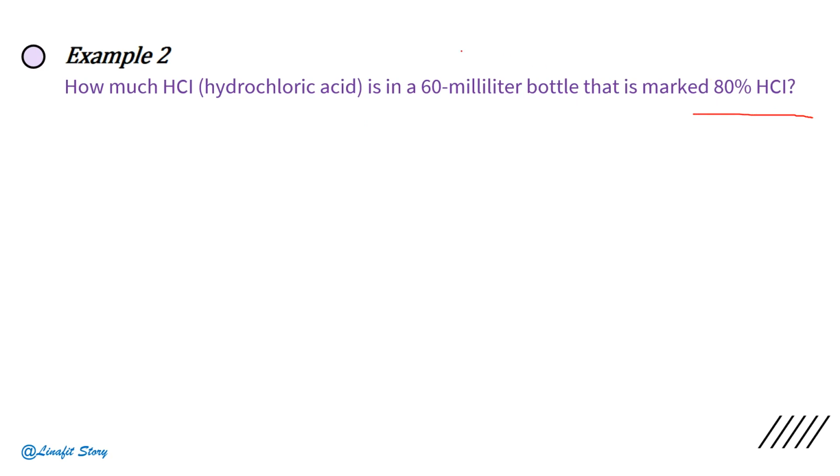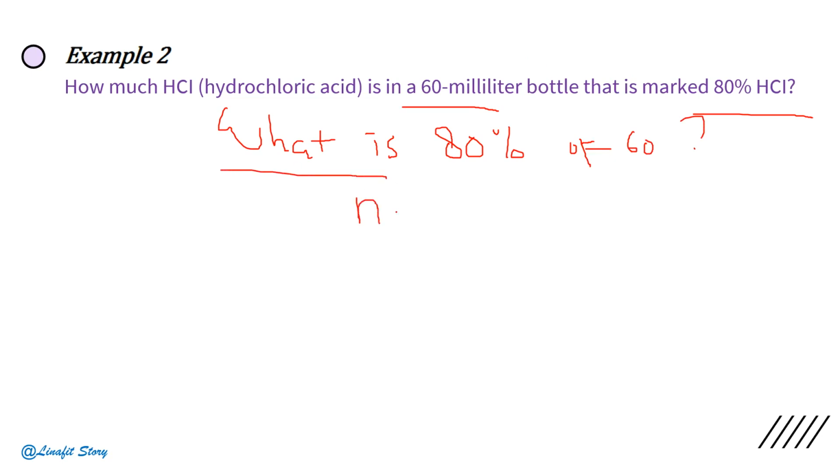Since the bottle contains 60 milliliters, we can restate the question as: what is 80% of 60? Then how to get n? n equals 0.80 times 60. n equals 48. So there are 48 milliliters of HCl in 60 milliliters of 80% HCl solution.